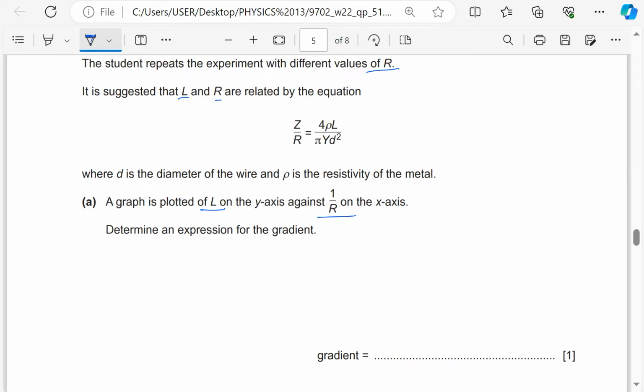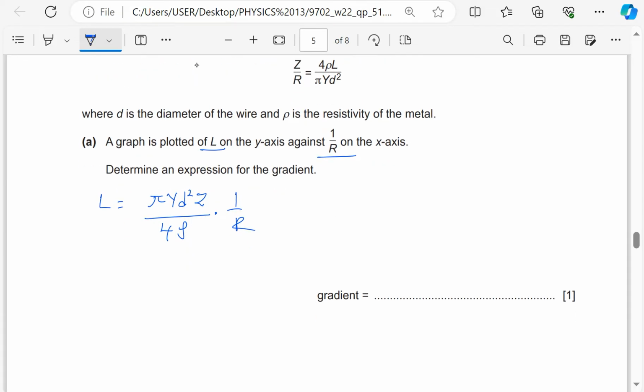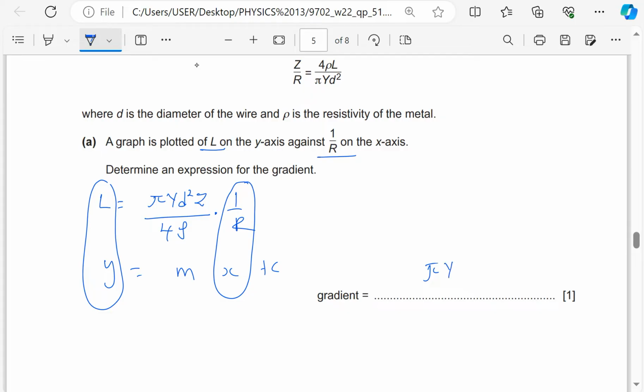If I make L the subject, cross multiplying, L is going to be pi Y D squared Z divided by 4 times rho, times 1 over R. If I compare this with y equals mx plus c, on the y-axis I have L, on the x-axis I have 1 over R. So you will notice that the gradient is going to be pi Y D squared Z divided by 4 times rho. There is no y-intercept, so c is 0.